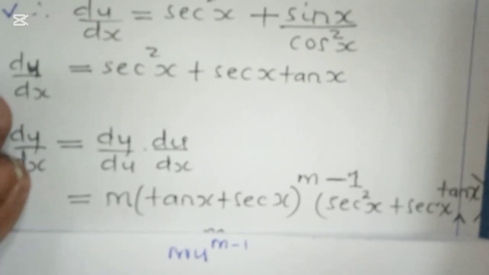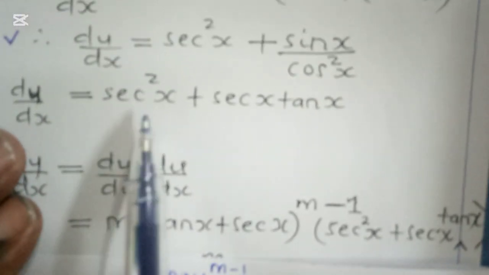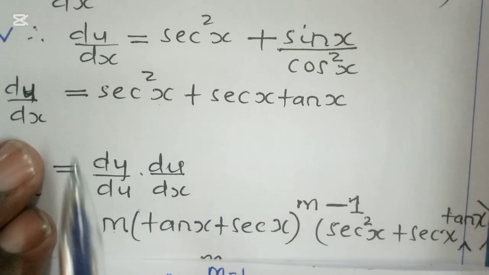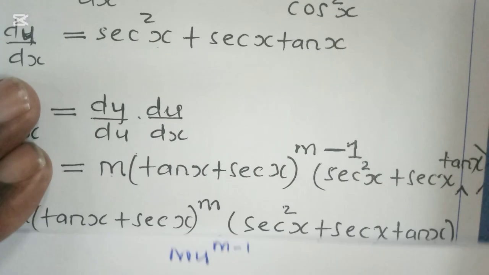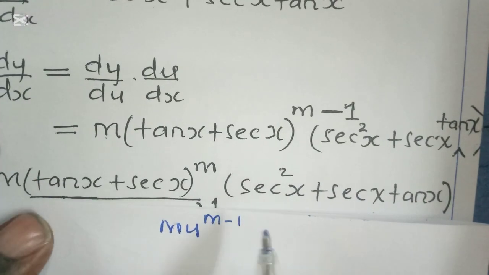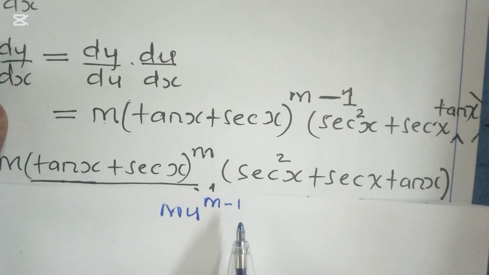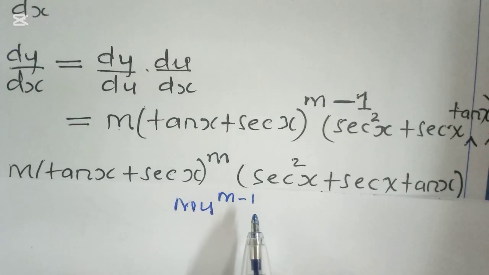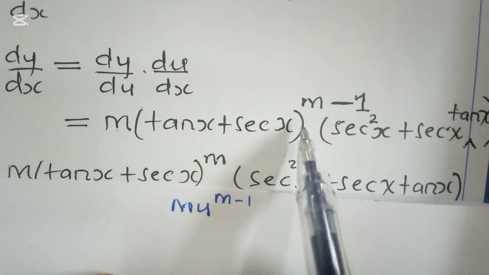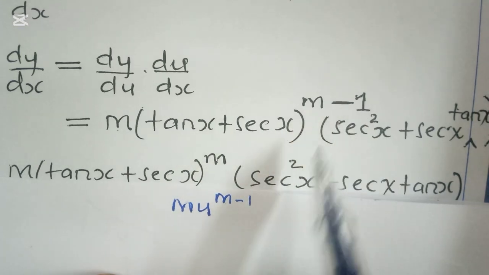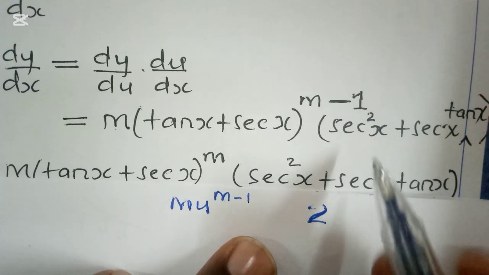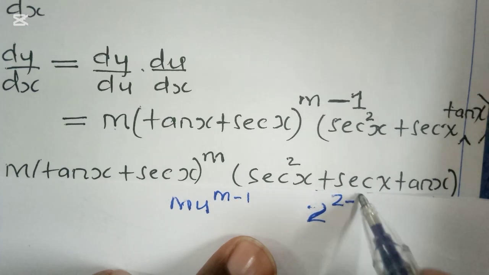Coming now to the other factor, we can factor out sec x. Before we do that, when we have tan x plus sec x raised to m minus 1, it is just like having 2 raised to 2 minus 1.